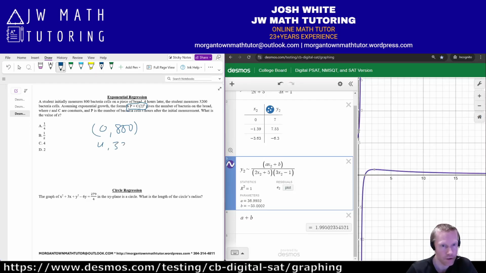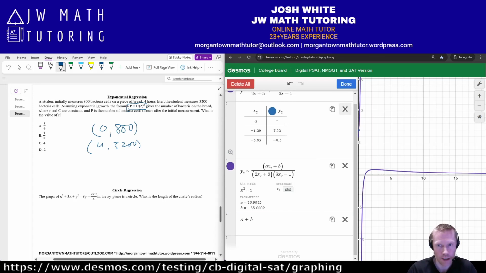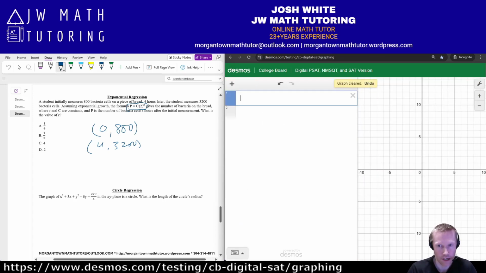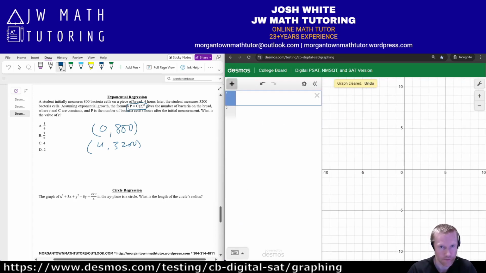Then 4 hours later, you have 3,200 cells. R and C are constants here. P is the number of bacteria cells after the time of T hours. So you want to know what's the value of R. We can just do this easily in Desmos using exponential regression.